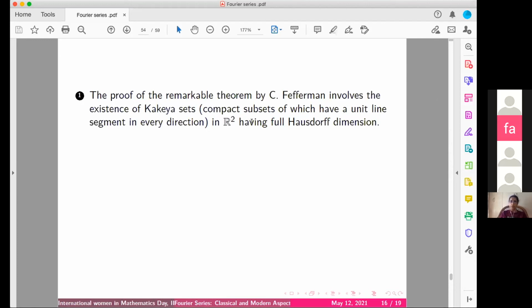I think it was proved in 1971 that every Kakeya set in R2 has full Hausdorff dimension, and in fact this was proposed by Besicovitch in 1917. Kakeya sets can actually be very, very small also. I think Besicovitch himself constructed an example of a Kakeya set which has 0 Lebesgue measure.